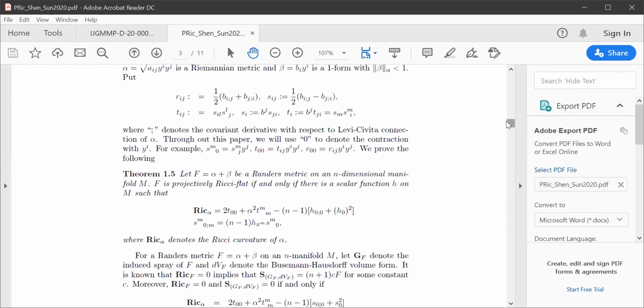They are very complicated questions. So this is the question. If you know somebody who has done it, let me know. So the question is how to classify, determine project Ricci-flat alpha beta matrix. Now, more general alpha beta matrix, even more complicated.